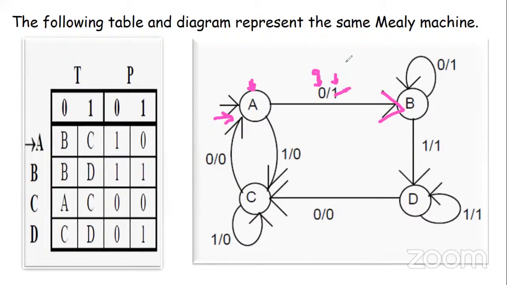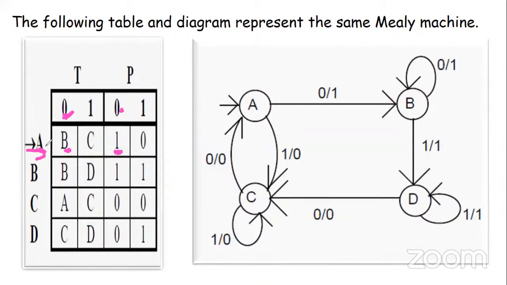So if you are supposed to represent this on a table, you say you're at A, you receive a 0, you move to B and you output a 1. That's how it is read. You are at A, which is the initial state, you receive input 0, you move to B and you output 1, which is still under 0.